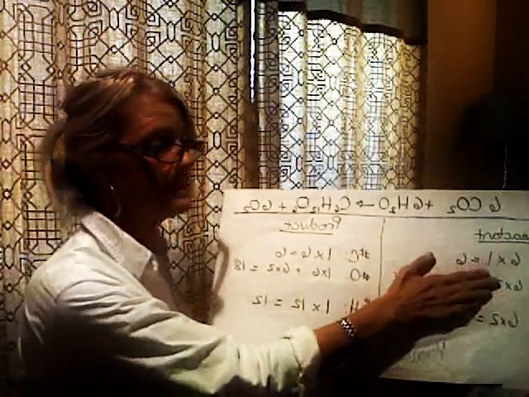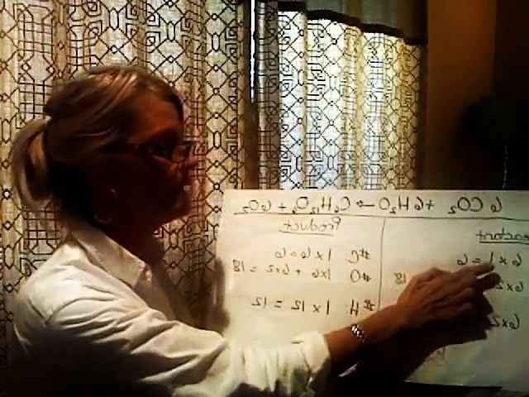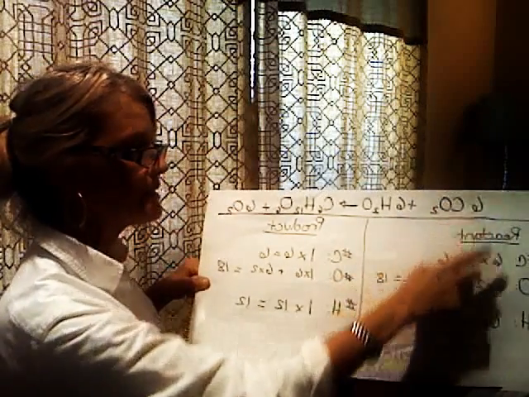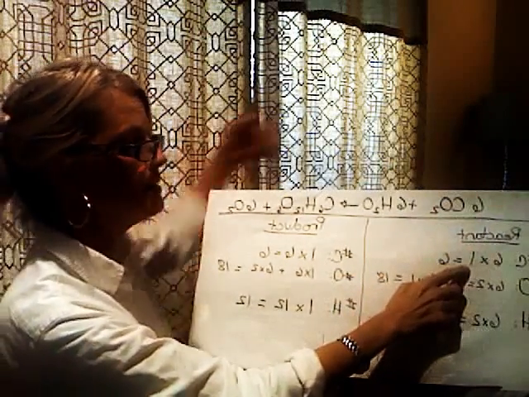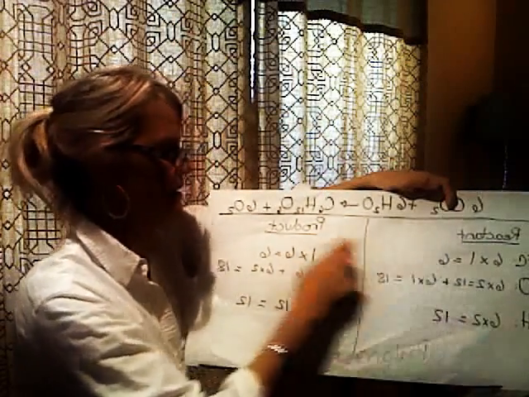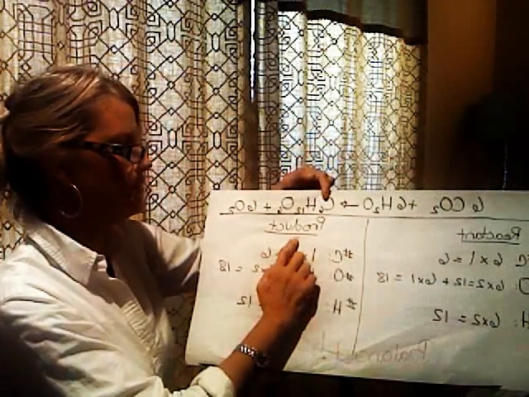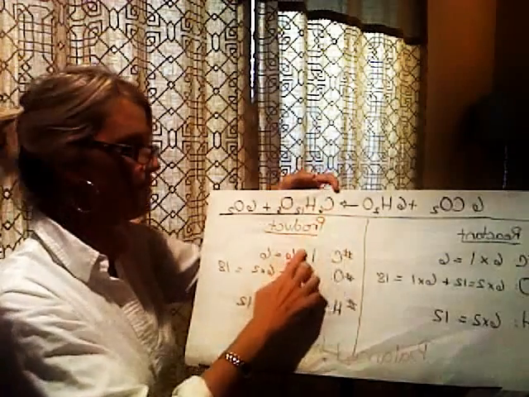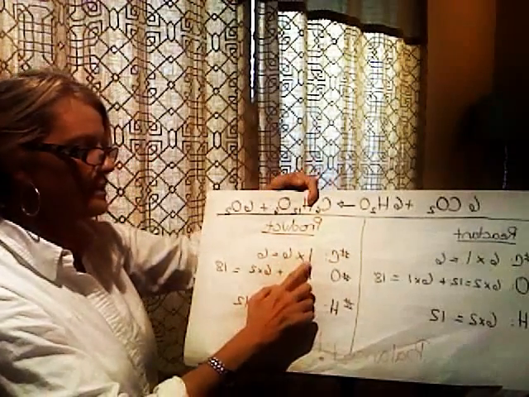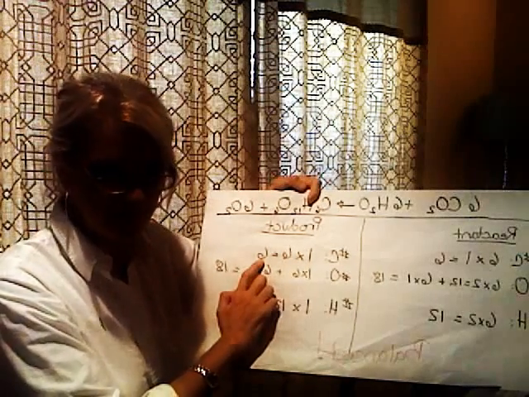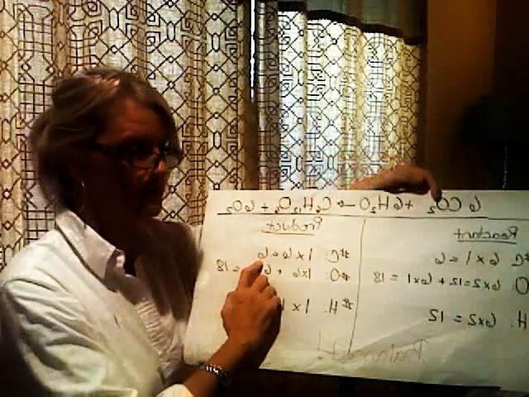Okay, step by step, take the reactant side first. The number to the left of this carbon is 6. 6 times 1, because there is no subscript there, it is 6. Our product side. We have carbon here. There isn't a number to the left, but we do have the subscript, so it's 1 times 6 equals 6. They're balanced. Are you guys with me? Let's go to the oxygen.